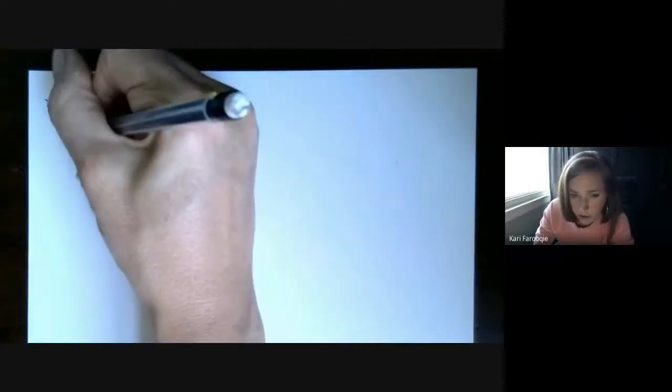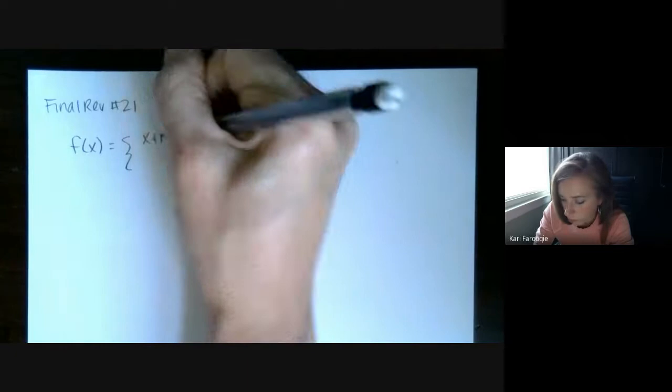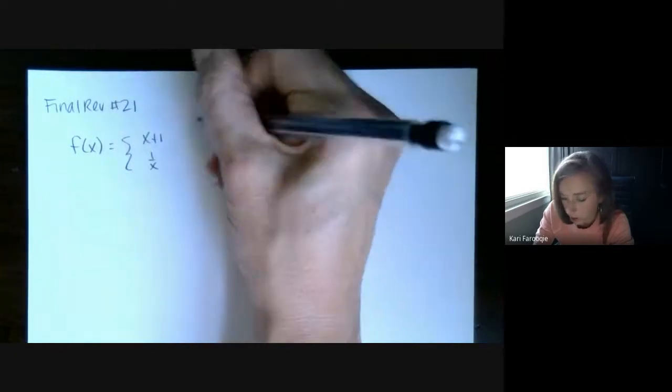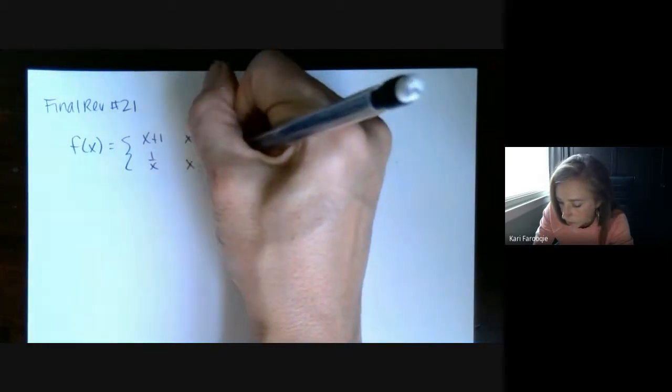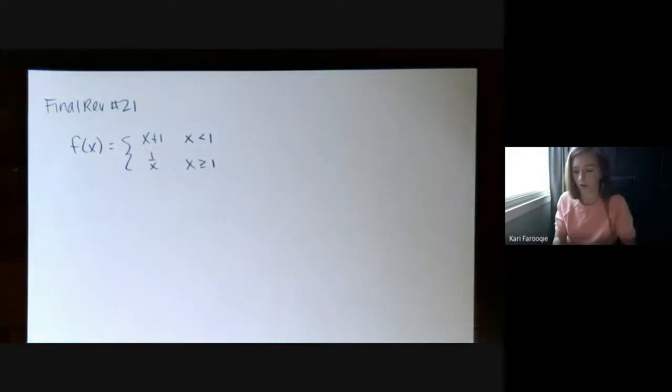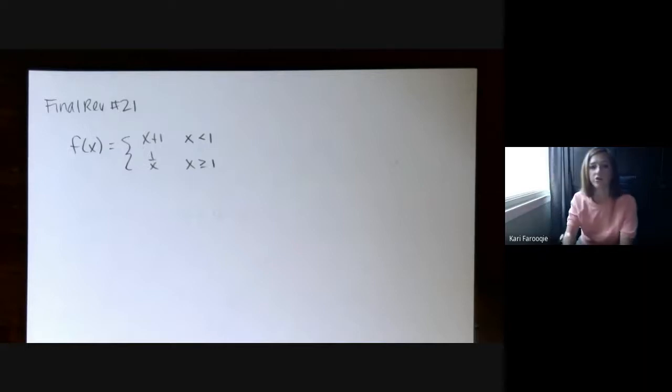This is f of x equals x plus 1, or 1 over x. One of them is for x being less than 1, and the other is for x being greater than or equal to 1. And you're asked to determine points of discontinuity and then state the type of discontinuity and whether the function is left or right continuous.